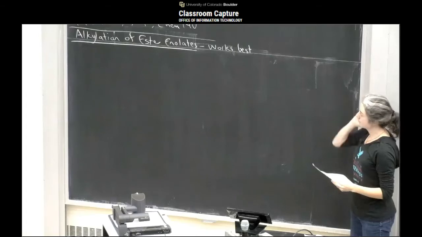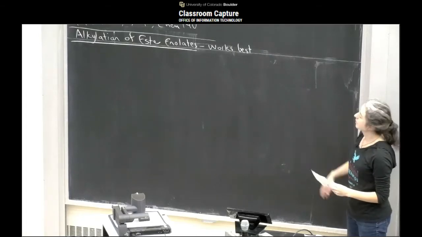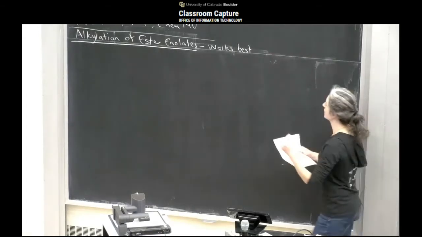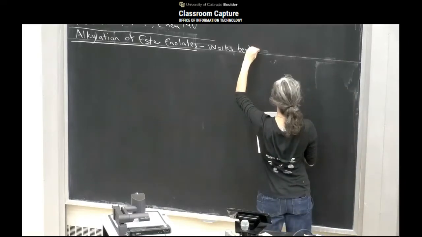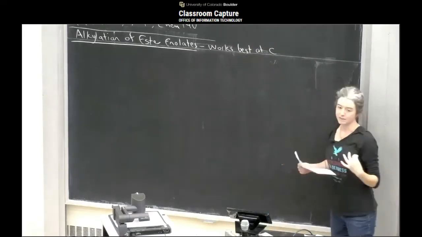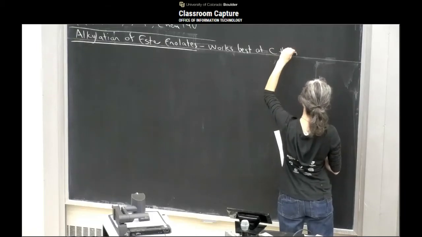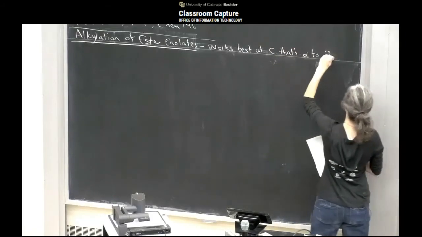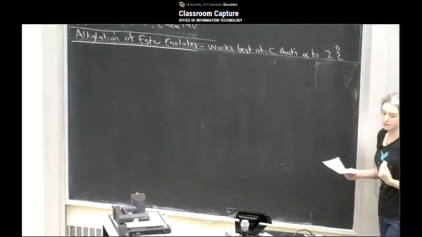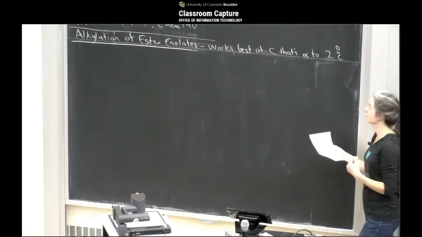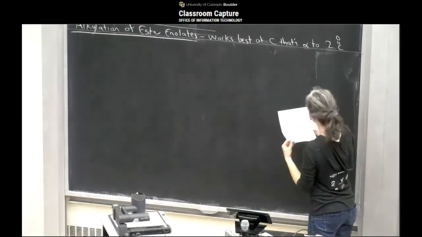We've seen pKa's for a few different carbonyls, but the ones with the lowest pKa, the easiest ones to deprotonate, are the ones with a carbon that's alpha to two carbonyls at once. In between two carbonyls is the easiest spot to deprotonate. And we saw last time that that's because you can show three different resonance forms for that molecule instead of just the normal two for an enolate.